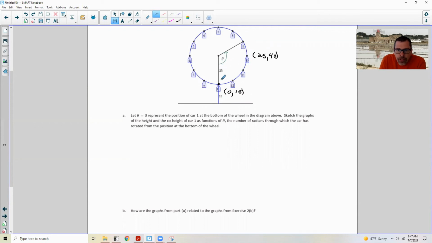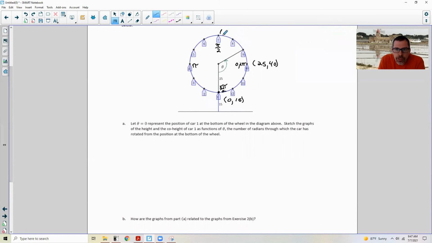At the top here, and by the way, this is 3 pi over 2, and this is 0 or 2 pi, and this is, number 7 is pi over 2, and number 4 is pi. Now pi over 2 is over 0 and up 25, 50, 65. So at the top, we're 65 feet off the ground.